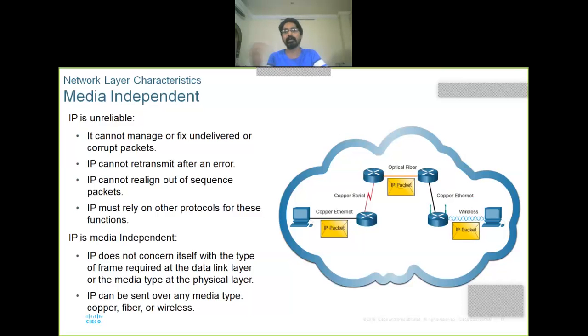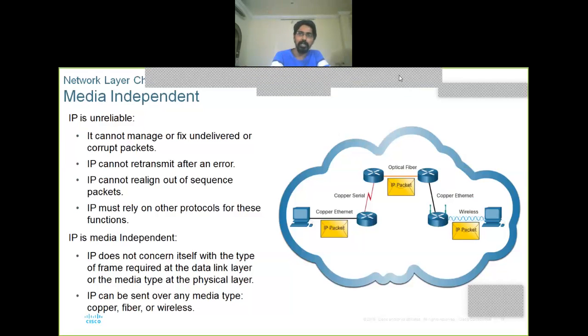One more type of medium is the wireless medium, which means wireless LAN technology, right? So media will change according to the transmission format. How many types of media are there? Copper media, fiber media, and wireless media, right? So IP can work with any kind of media, and that's why it is called media independent.